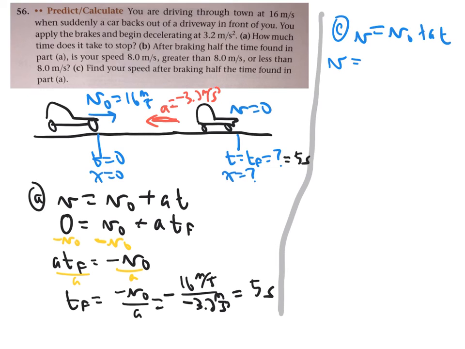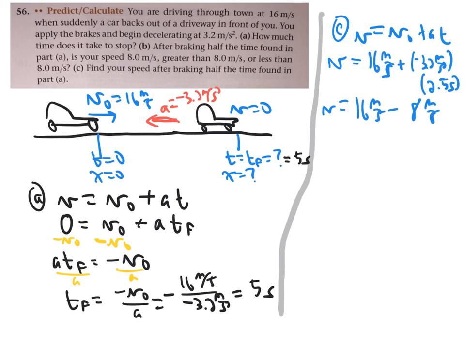So we again put in the 16 meters per second for v0, and we take our acceleration of minus 3.2 meters per second squared, and multiply it by half of the 5 seconds, which is 2.5 seconds. And so v comes out to be 16 meters per second minus 8 meters per second, which of course ends up with 8 meters per second.